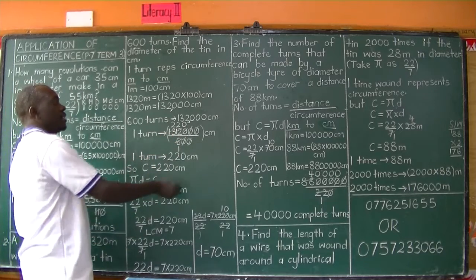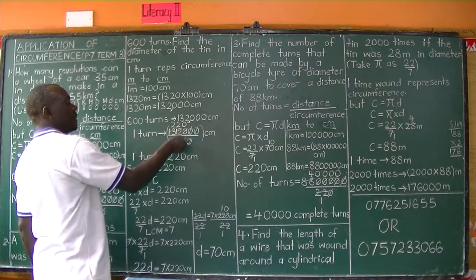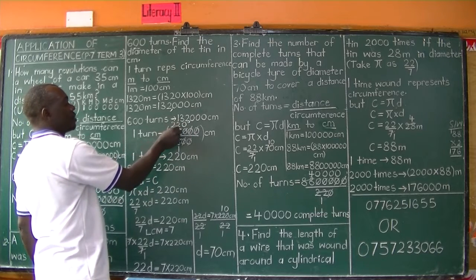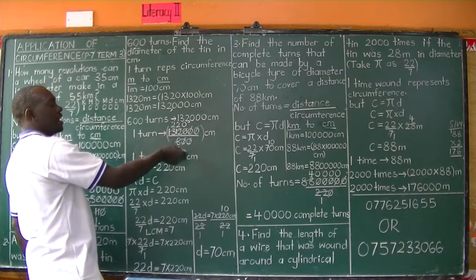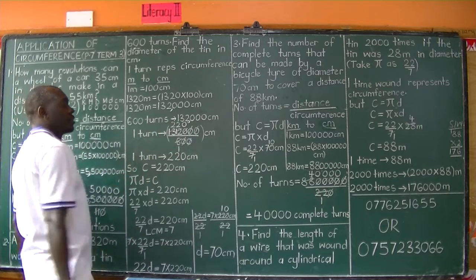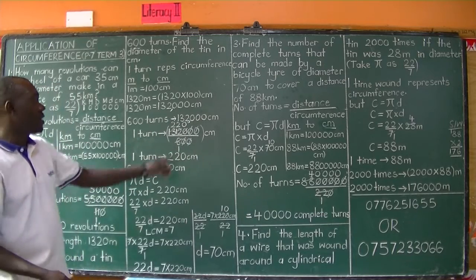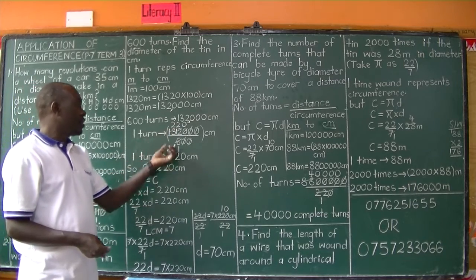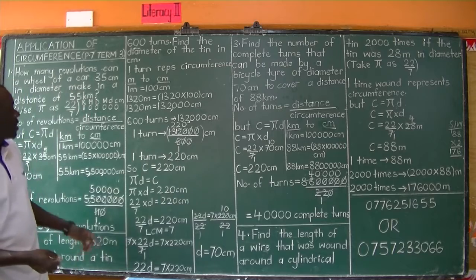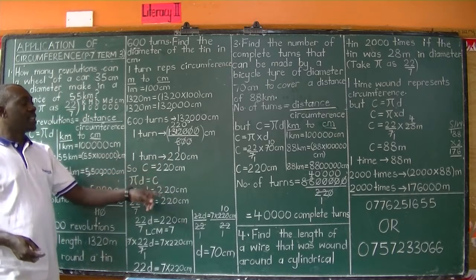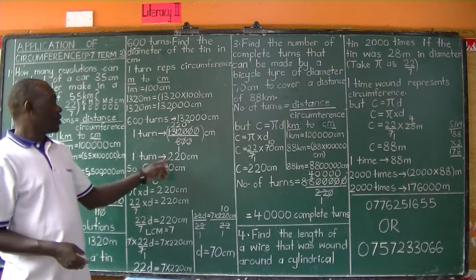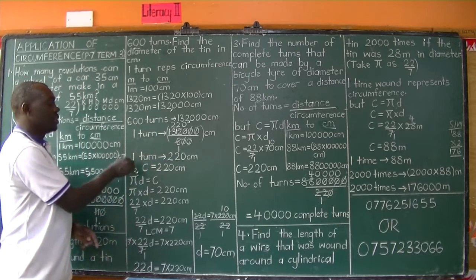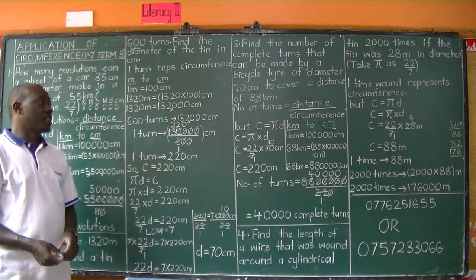Start your cancellation by 10, by 10. 6 by 6 once, and then 13 by 6 you get 2, remainder 1. 12 by 6 you get 2, and 0 by 6 you get 0. And now when you divide successfully, you get 220 centimeters. So 1 turn takes a wire of 220 centimeters. So our circumference is 220 centimeters.